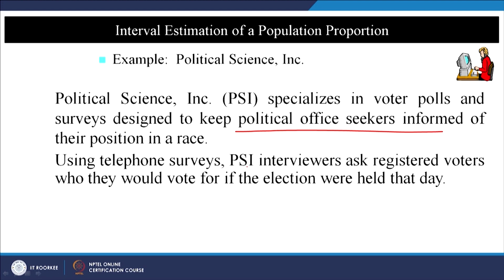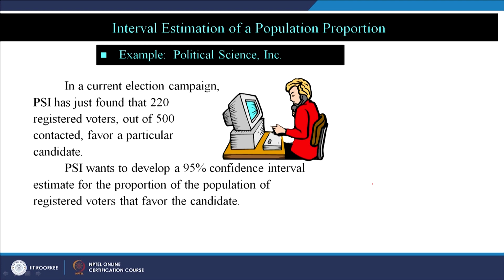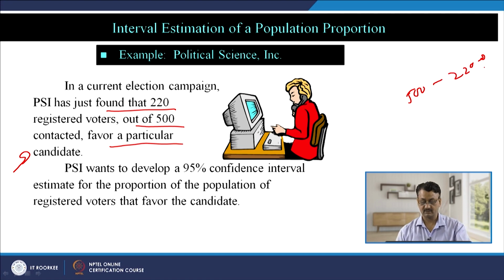Using telephone surveys, PSI interviewers ask registered voters who they would vote for if the elections were held that day, and the answers which the PSI got, PSI found that 220 registered voters out of 500 contacted favored a particular candidate. So, out of 500, 220 favored a particular candidate.